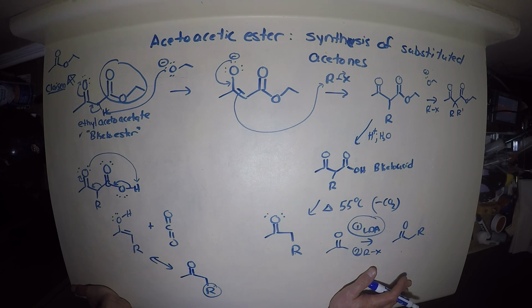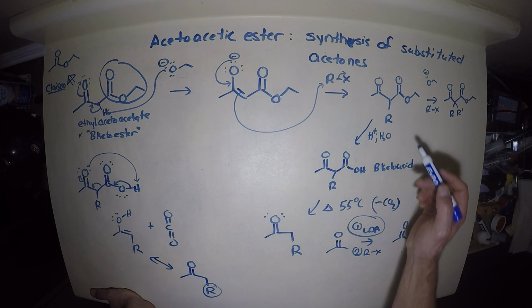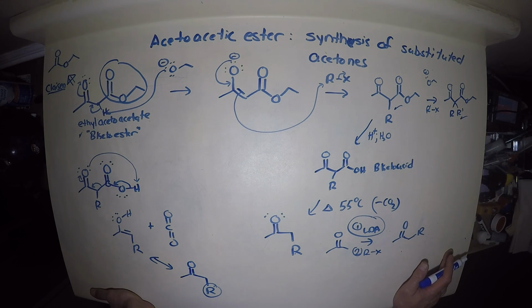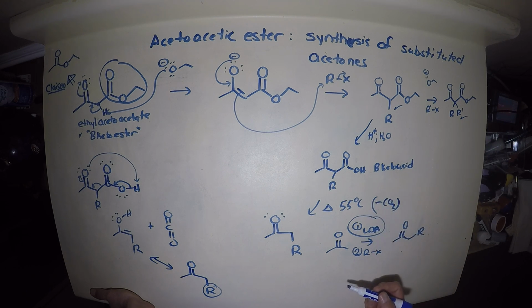So to summarize, the beta keto ester, ethyl acetoacetate, can easily be deprotonated to make an enolate. Alkylation with a suitable halide provides a substituted acetone or disubstituted acetone derivative after hydrolysis and decarboxylation.